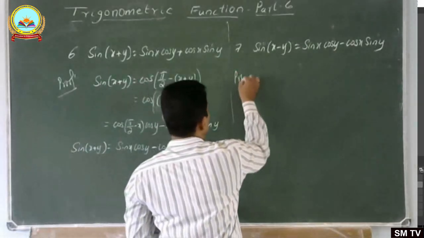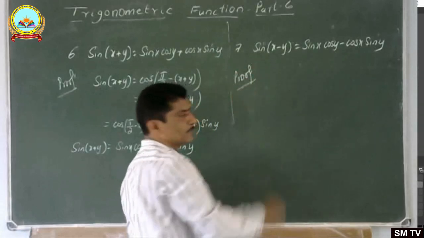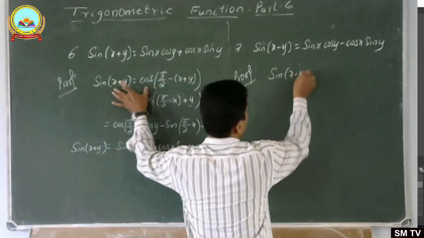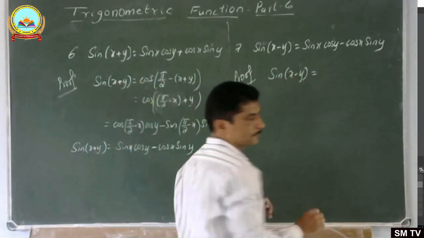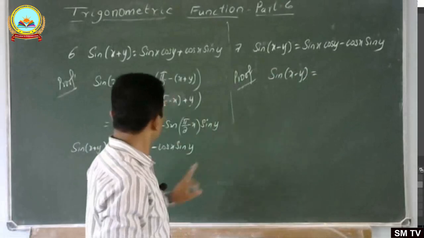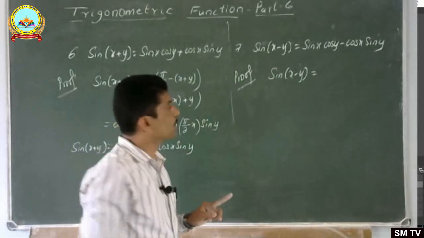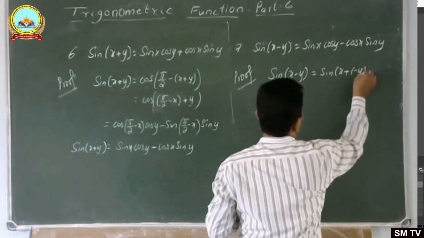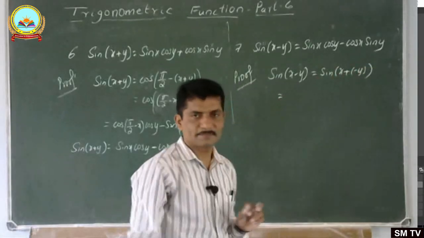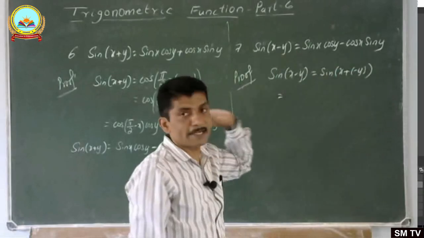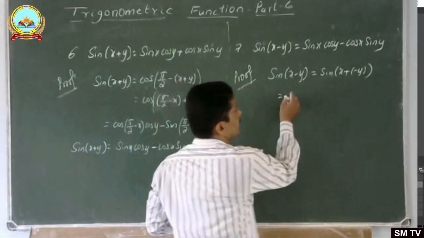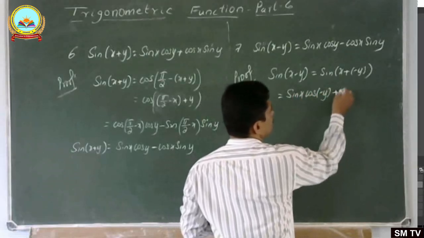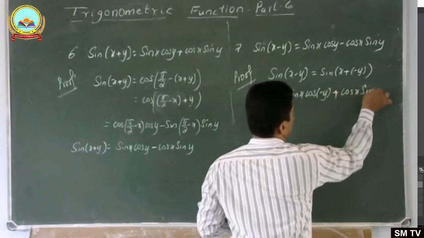Here the proof uses the same method. You know that sin of x minus y can be written as sin of x plus minus y, where y is replaced by minus y. Sin of x plus y is the standard result, so you apply it directly. This is equal to sin x into cos of minus y plus cos x into sin of minus y.